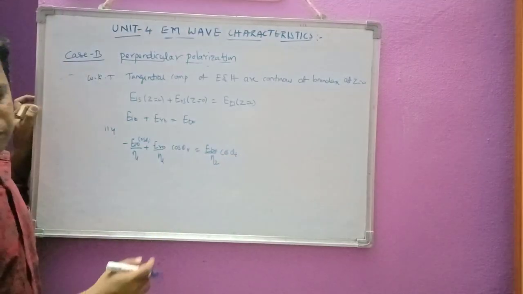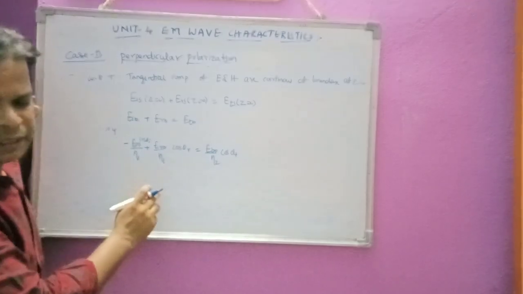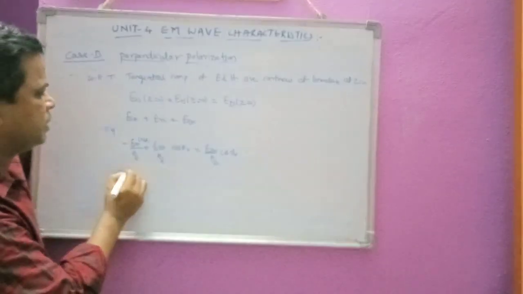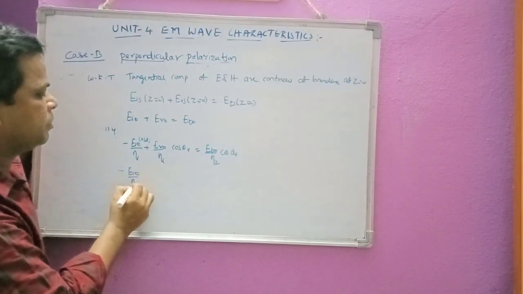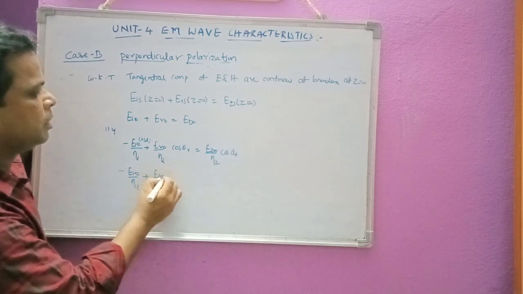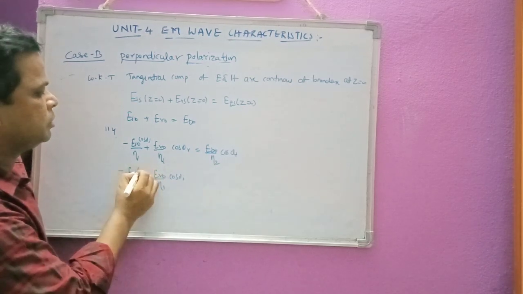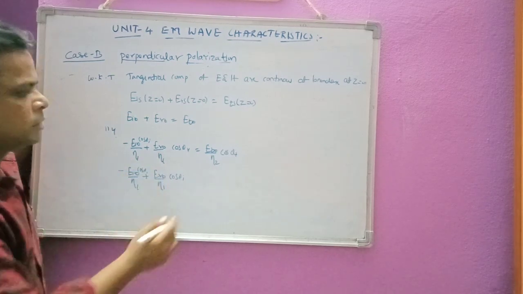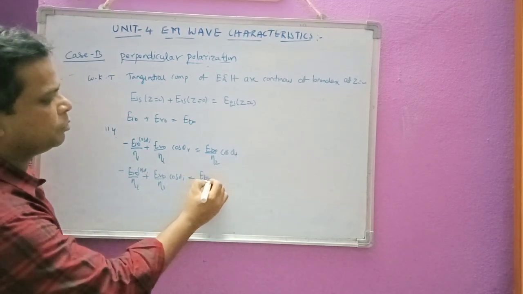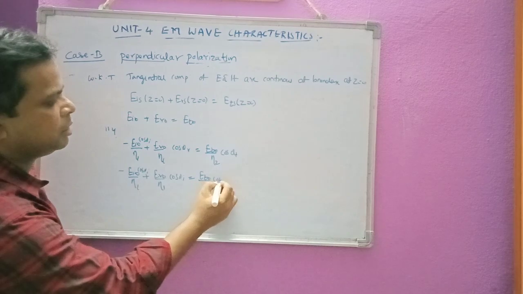Now we substitute cos theta r as cos theta i here, so minus Ei0 by eta 1 plus Er0 by eta 1 cos theta i is equivalent to Et0 by eta 2 cos theta t.